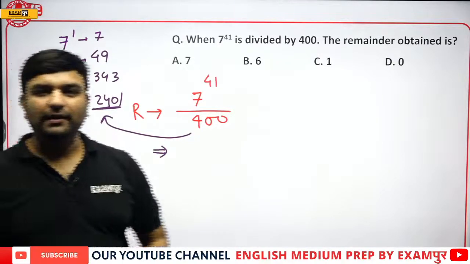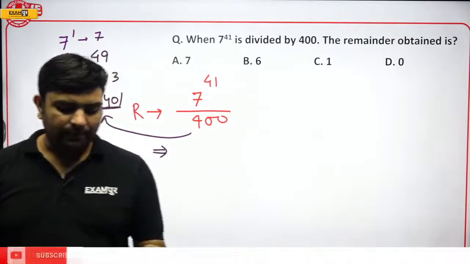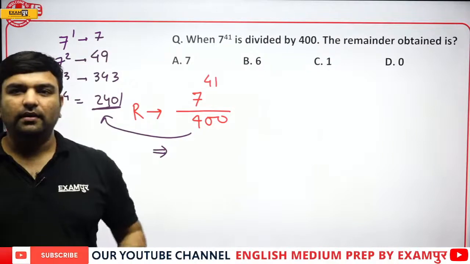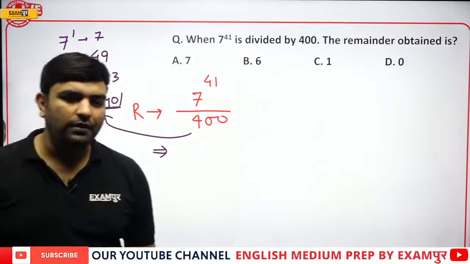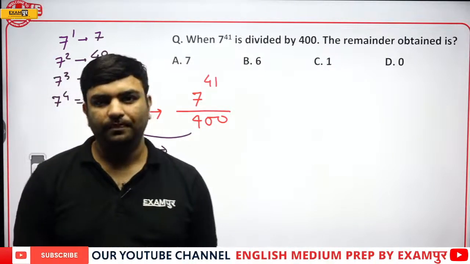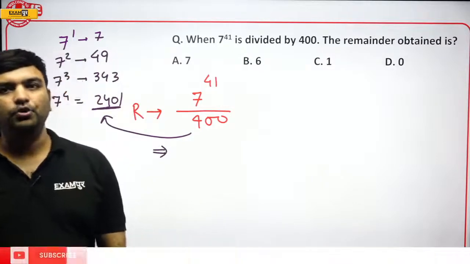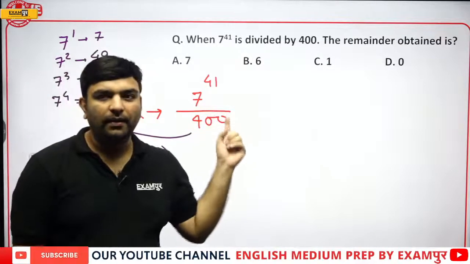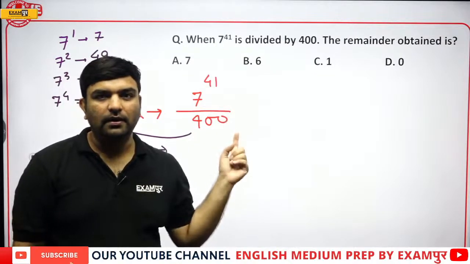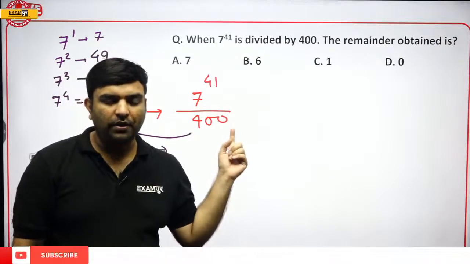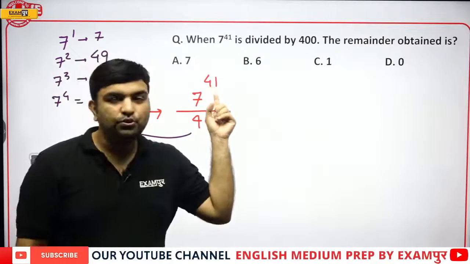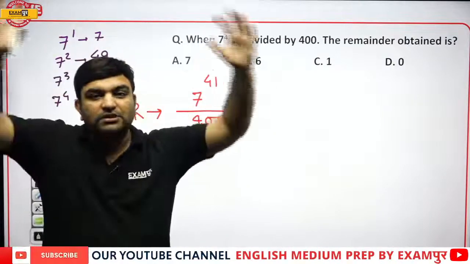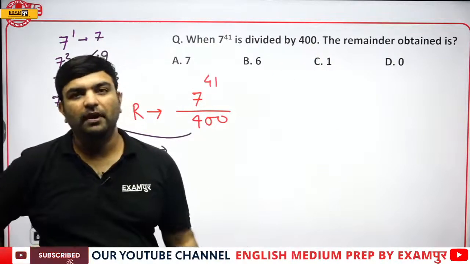Because ultimately, wherever the powers are, you have to convert into a remainder of plus or minus 1. Any other remainder, if you raise it to this power, will become such a huge number that it will be difficult to solve.